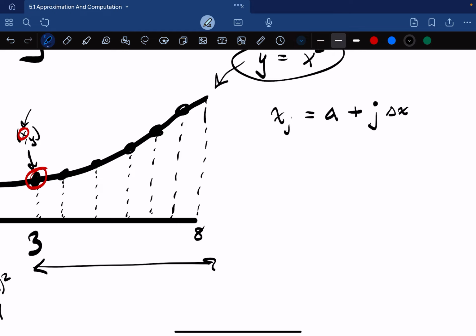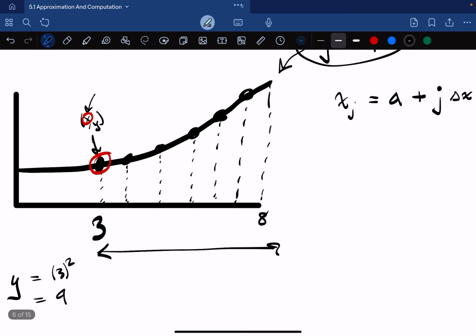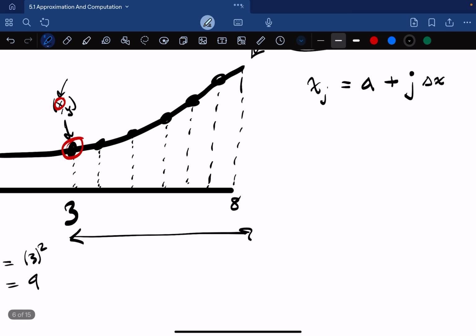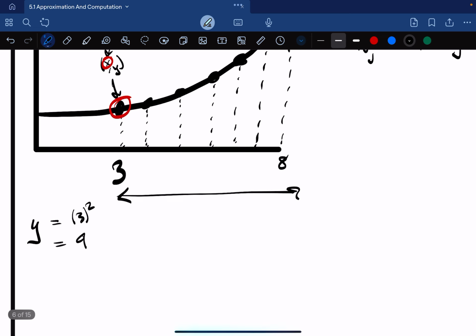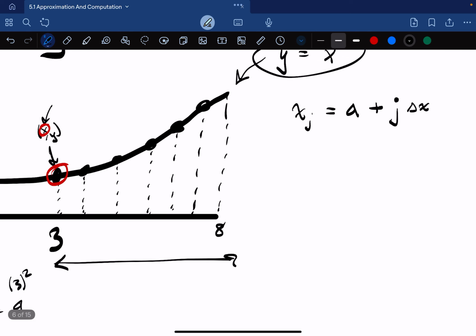Why does this work? Well, let's say I want to find all the left endpoints of this graph. I already know that the very first left endpoint is at x equals 3, because that's where we start.